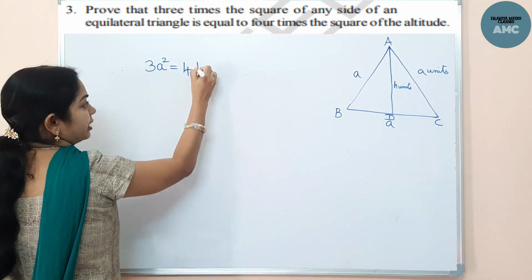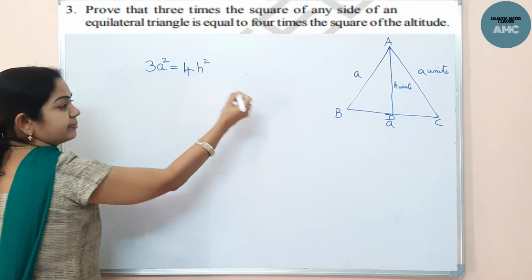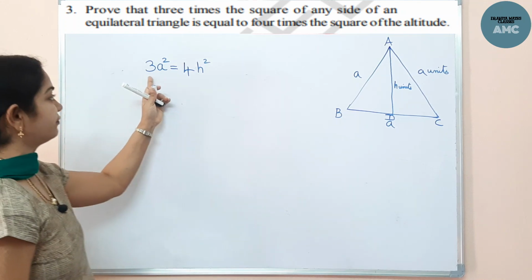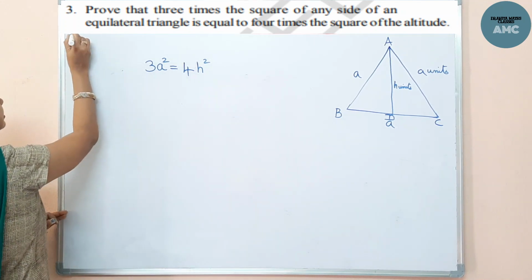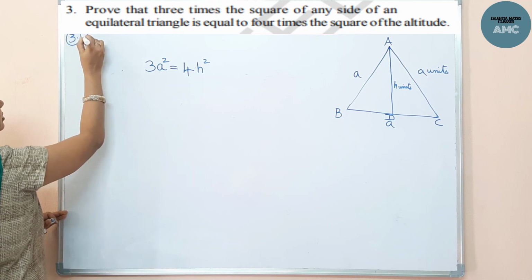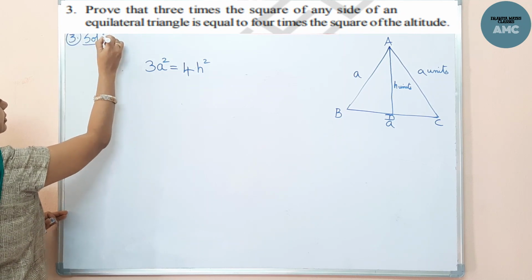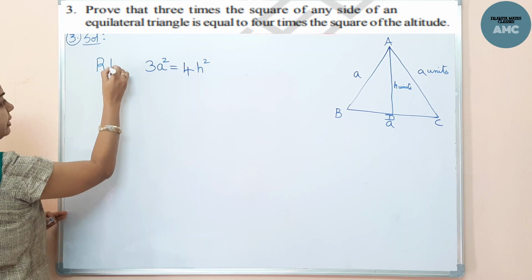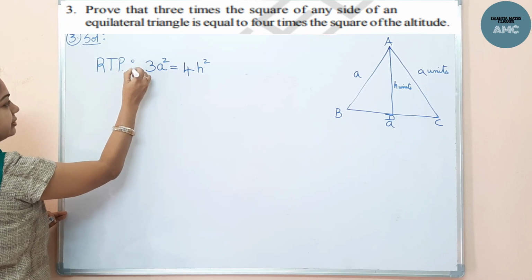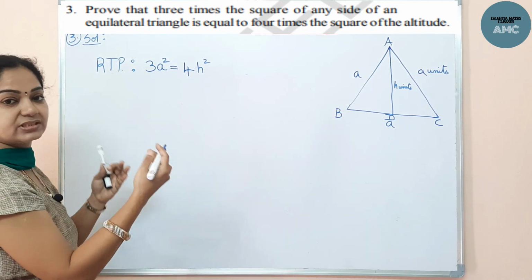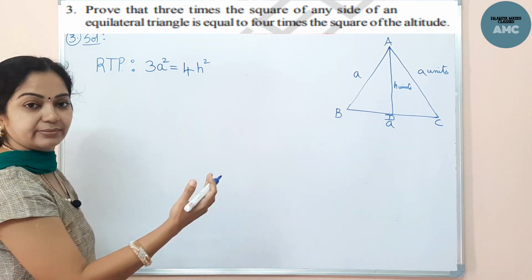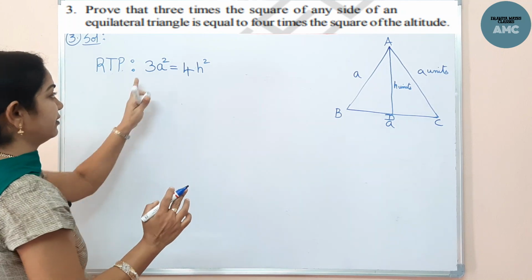Now the altitude I am supposing as H. So we have to prove this. This is the third problem solution. This is what is required to prove: that 3 times the square of its side is equal to 4 times the square of the altitude. We have to prove this.